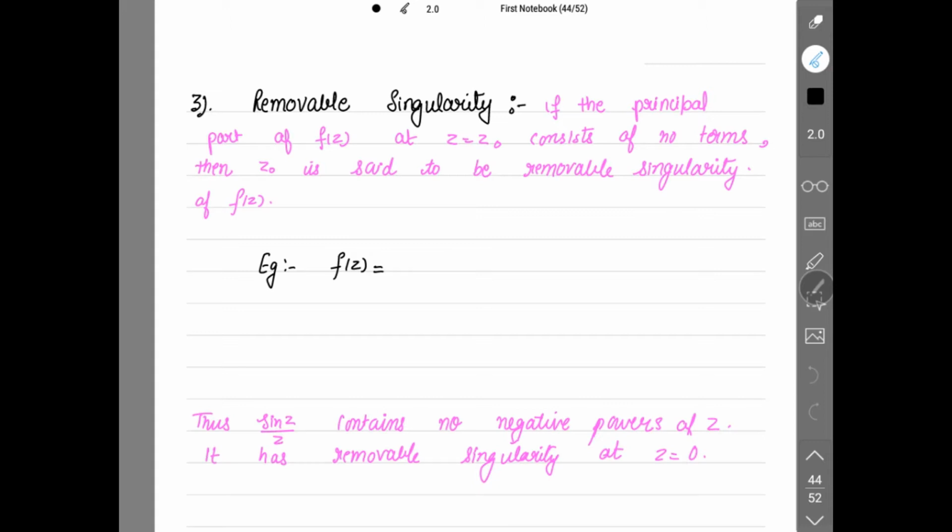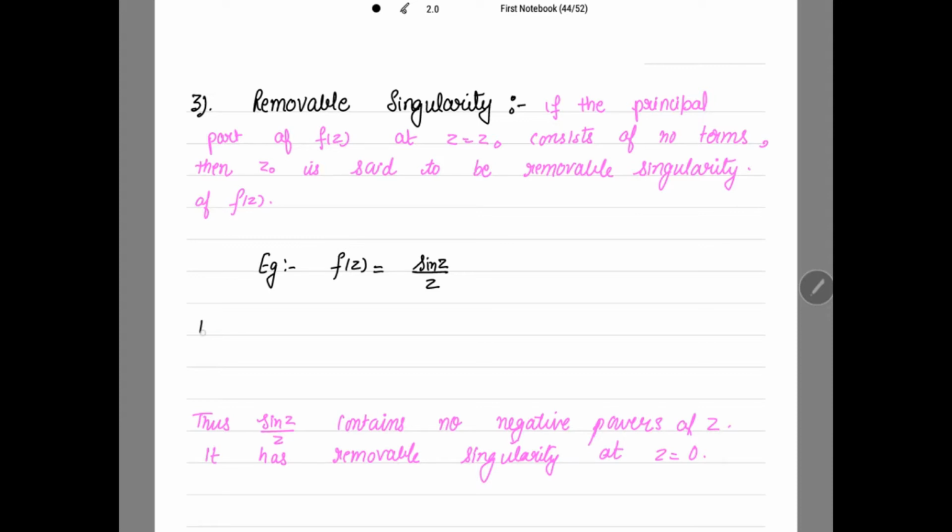For that, I am defining a function as sine z over z. First tell me what is the singularity for this function. Where the function is not defined, obviously z equal to 0 is the singularity.